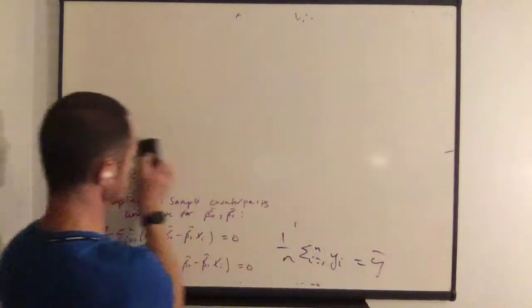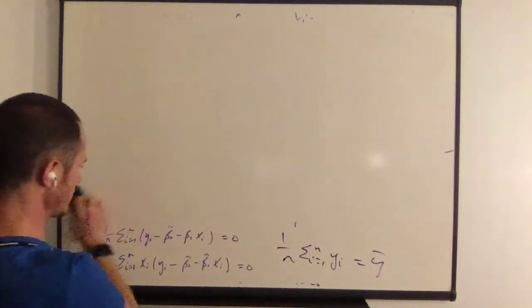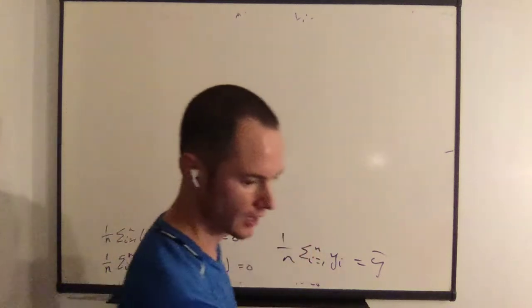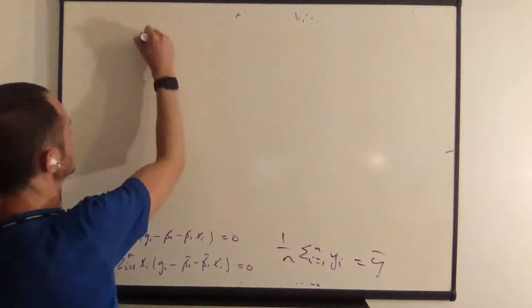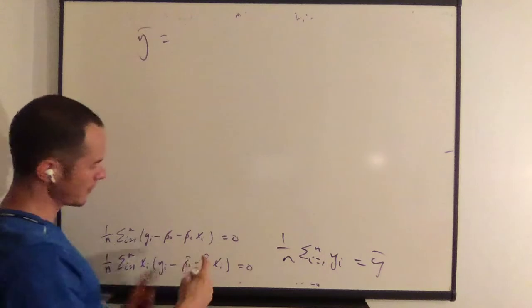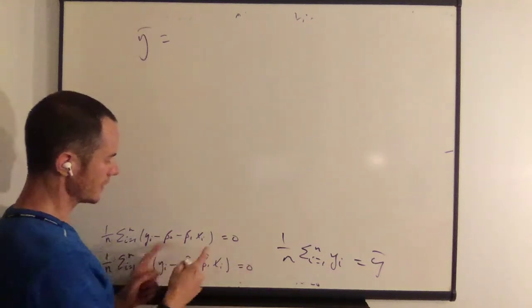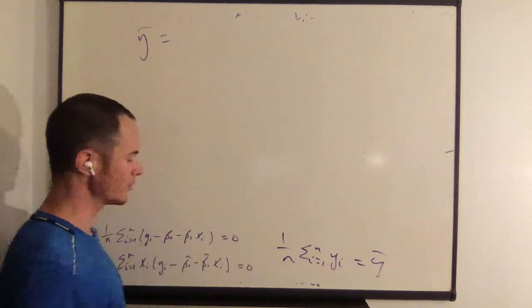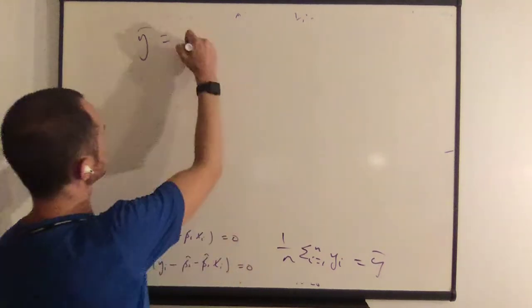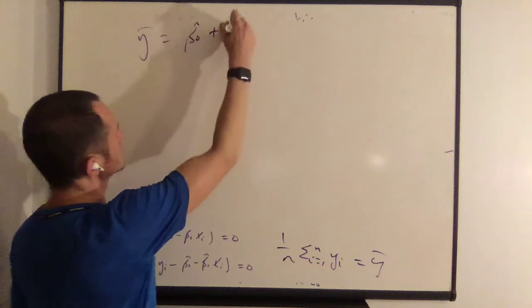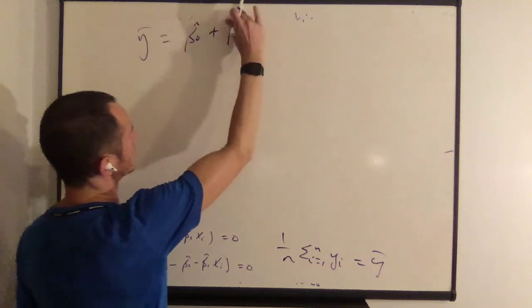I'm just going to keep these last two lines down here. Let's rewrite the first line as y bar, and I'm going to put the rest on the right-hand side so that the signs in front of beta naught and beta 1 become positive. Y bar equals beta naught hat plus beta 1 hat x bar.